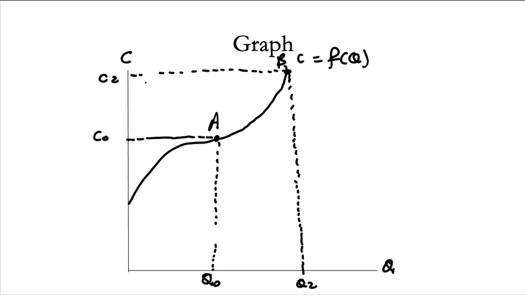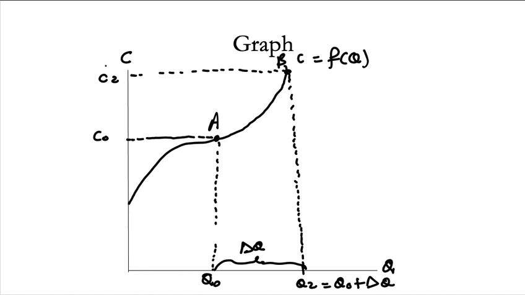Now, you can see clearly here, there is a change in quantity by this much, isn't it? So let's call this change in quantity as delta Q. Therefore, we can clearly see that Q2 is actually Q naught plus change in Q. So what happens to the cost here?